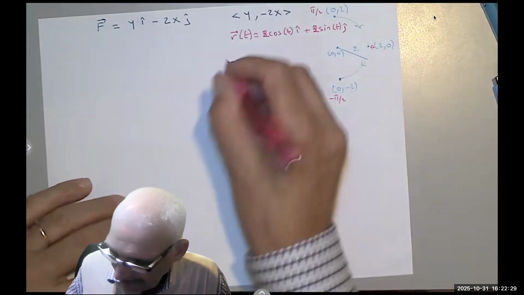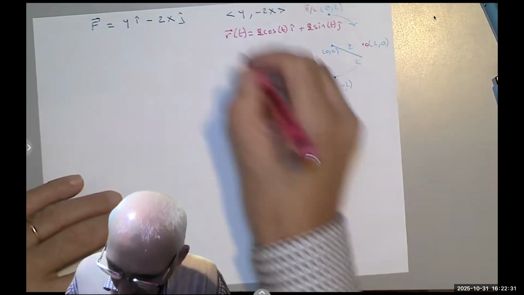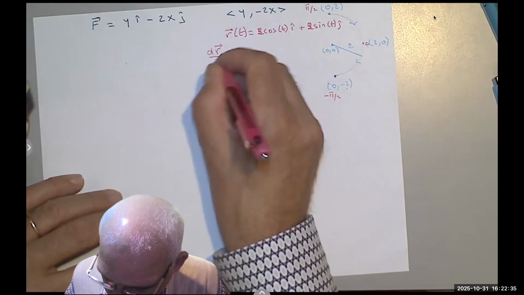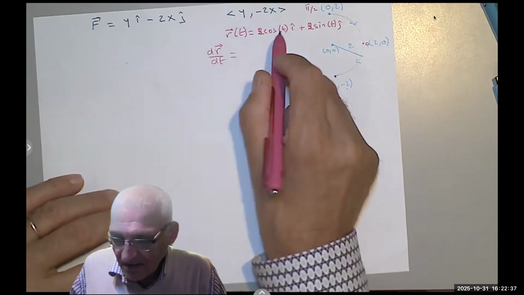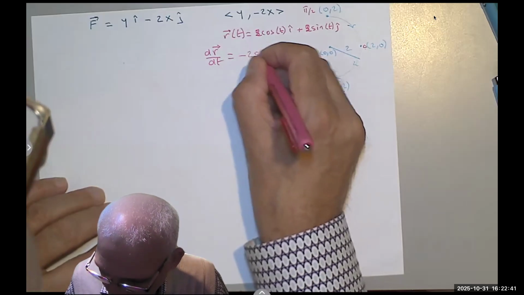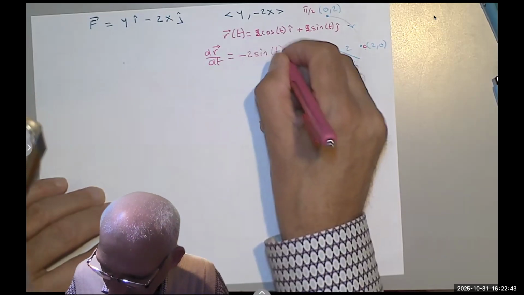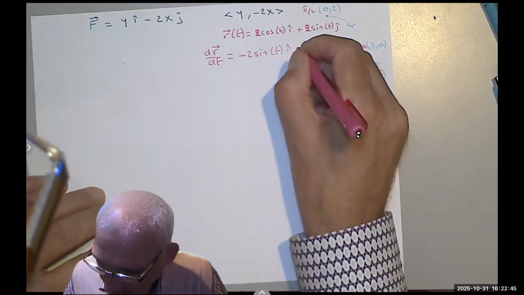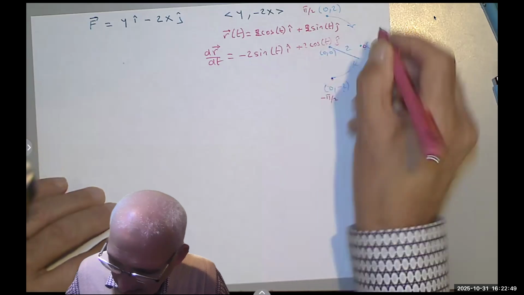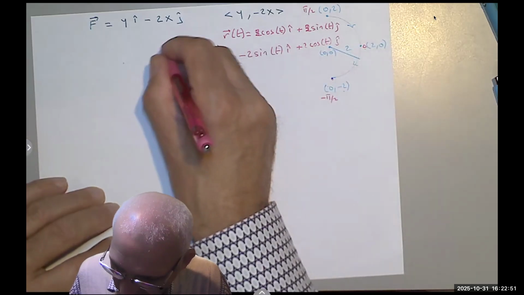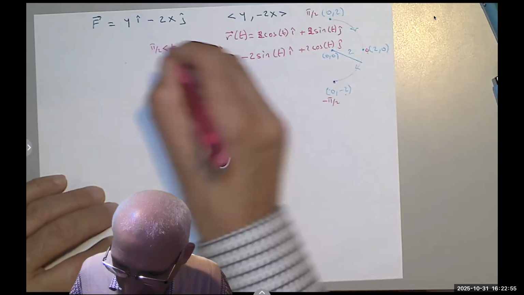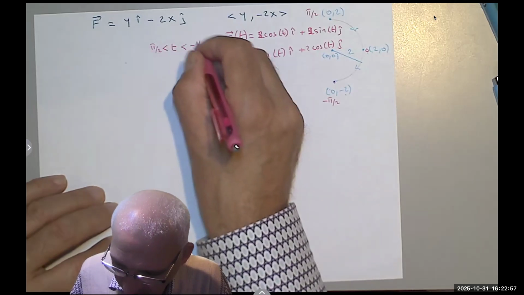Now, like we did before, we take dr dt. The derivative of cosine is negative sine, so I get negative 2 sine t i plus 2 cosine t j. And I don't forget to say that t goes from pi over 2 to negative pi over 2.